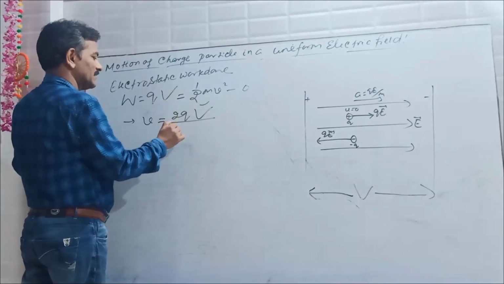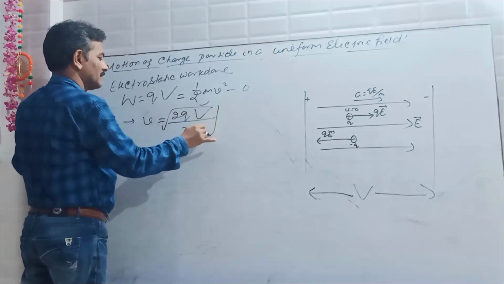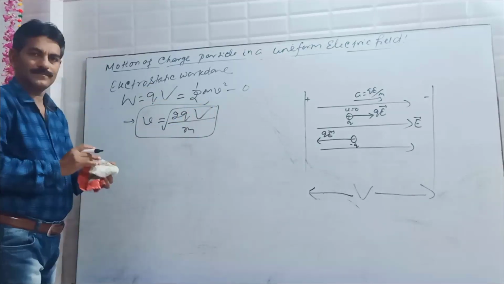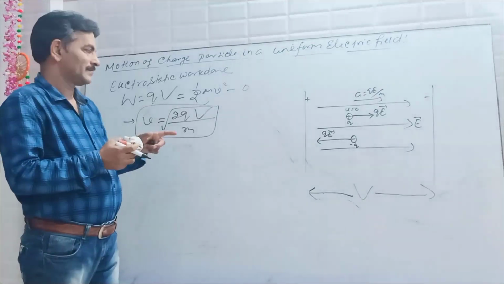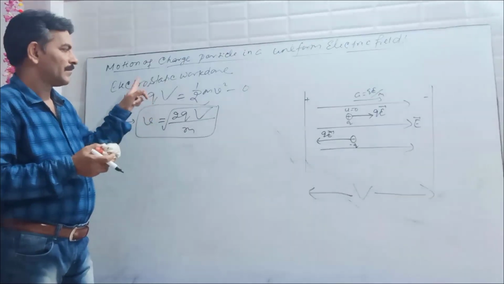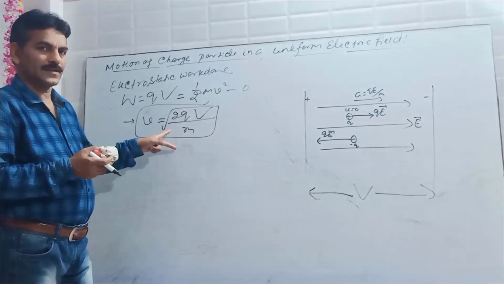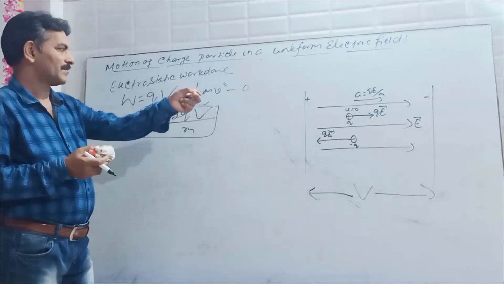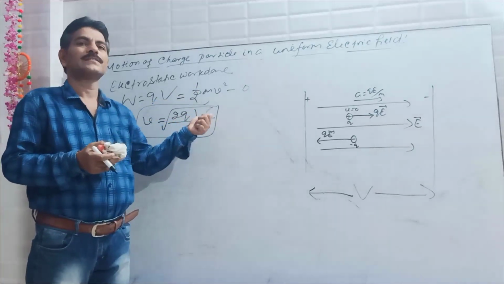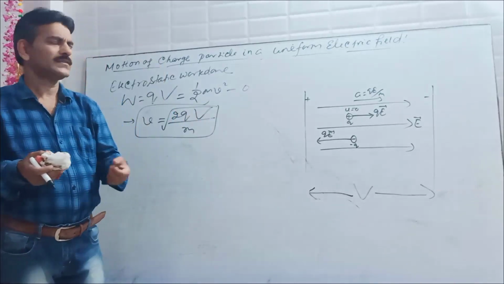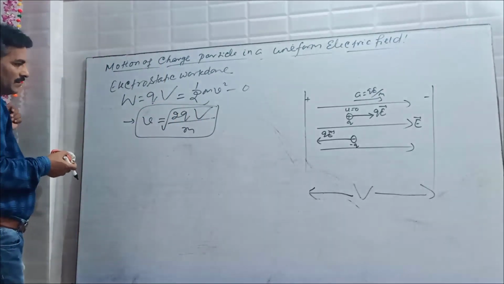Accelerating potential. This is an important formula also. This is the expression for velocity acquired by the charged particle in a uniform electric field in terms of accelerating potential. This potential will be clear later on.